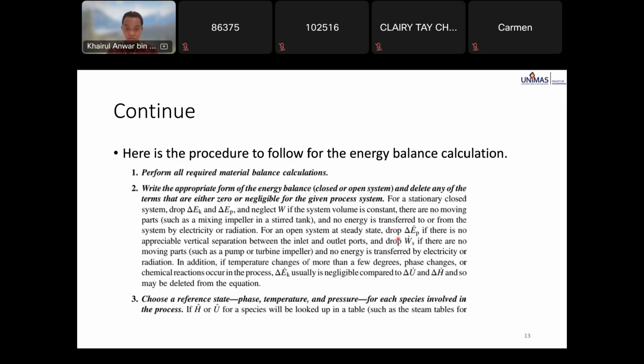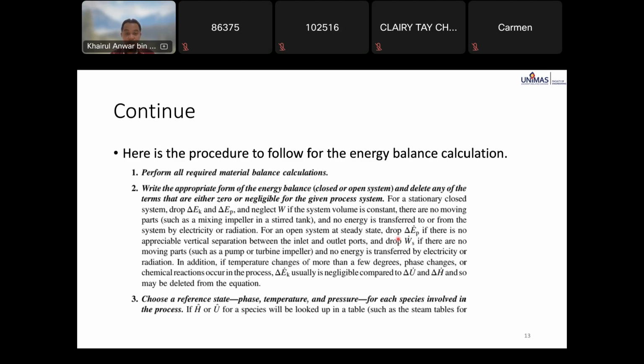For an open steady state system, delta EP and delta EK refer to potential energy and kinetic energy. So drop delta EP if there is no appreciable vertical separation between the inlet and the outlet port, and drop shaft work if there are no moving parts such as a pump, turbine or impeller, and no energy is transferred by electricity or radiation.